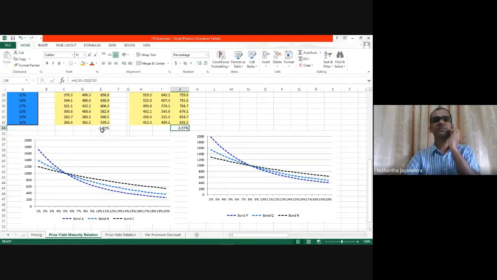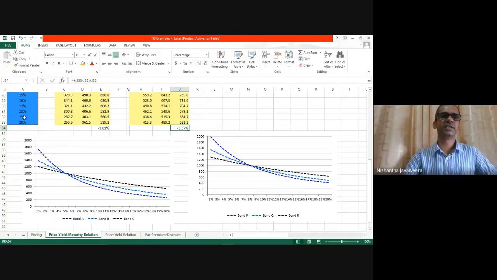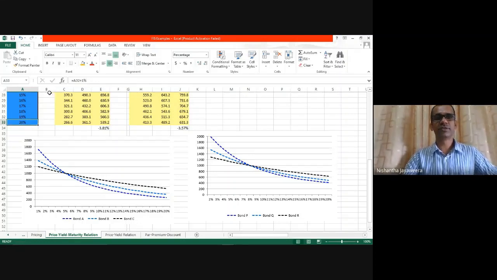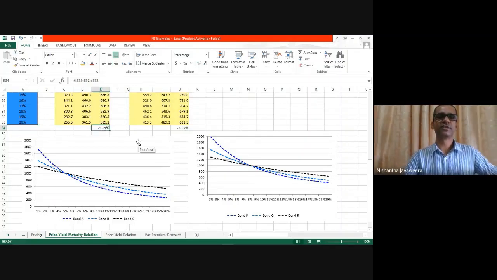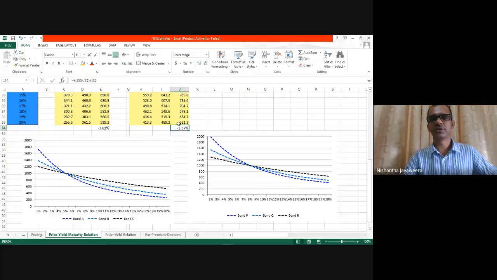You can see when the interest rates or the yield increase from 19% to 20%, the bond with the low coupon 5% decreased in value by 3.81%, but with the high coupon the value decreased only by 3.57%. So the curve becomes flat.